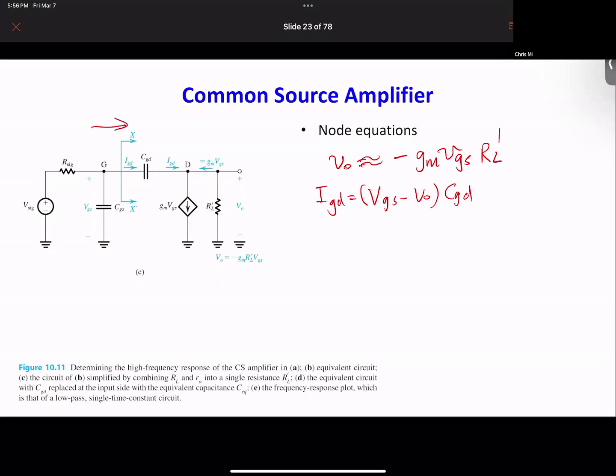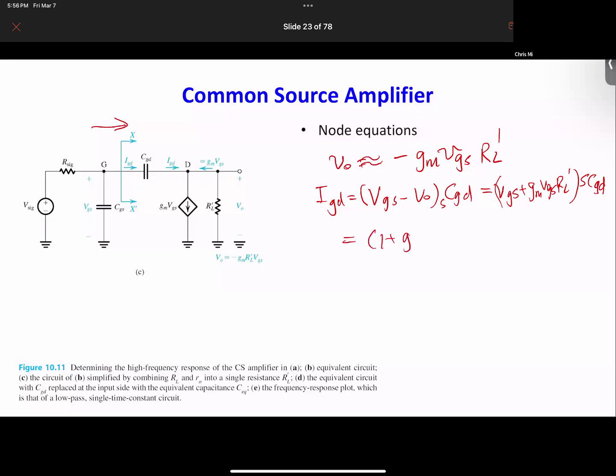So basically, it becomes VGS plus GM VGS RL prime times SCGD. And this one is 1 plus GM RL prime times SCGD times VGS. So the idea is that if we assume IO, then we will be able to find IGD, which is the current over here.